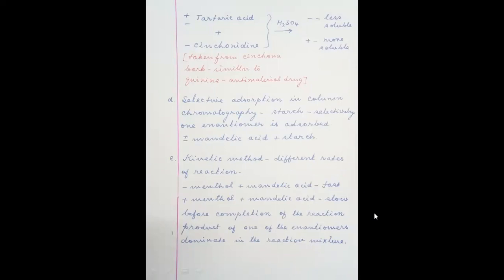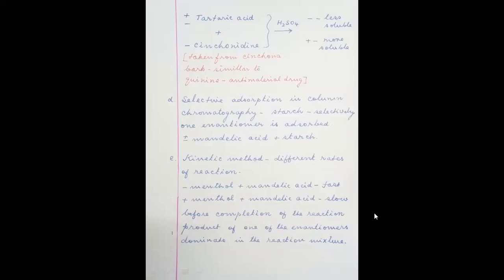When it reacts, the minus cinchonidine and minus tartaric acid combination is less soluble, whereas minus cinchonidine and plus tartaric acid is more soluble. So the more soluble and the less soluble substances can be separated. Then you can acidify and get back the tartaric acid.